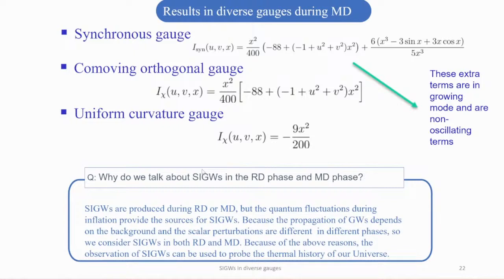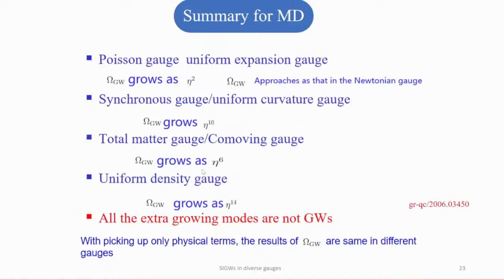Different phases mean the radiation and matter domination phase. So we consider scalar induced gravitational waves in both the radiation and matter domination phase. Because of the above reason, the observation of the scalar induced gravitational waves can be used to probe the thermal history of our universe. So here is the summary for the matter domination case.